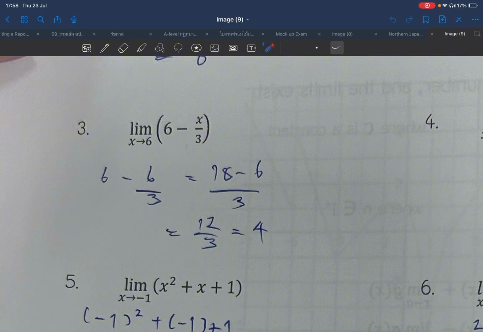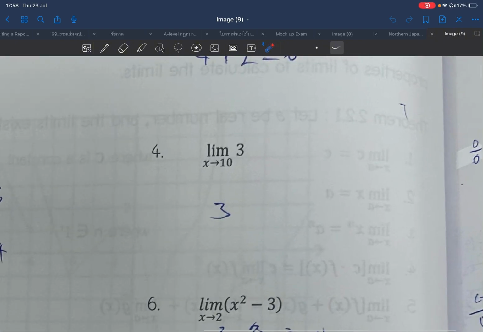So we will get 6 minus 6 over 3 equals 18 minus 6 over 3, and we will get 12 over 3. So we divide these two and we will get 4, which is the final answer.